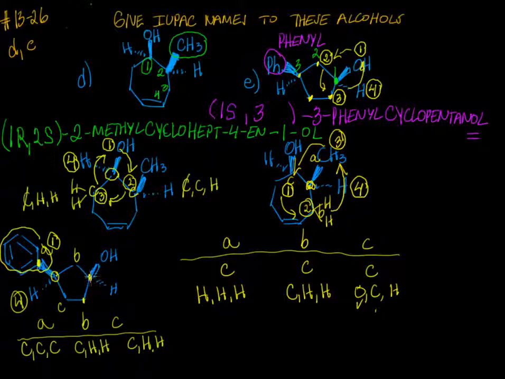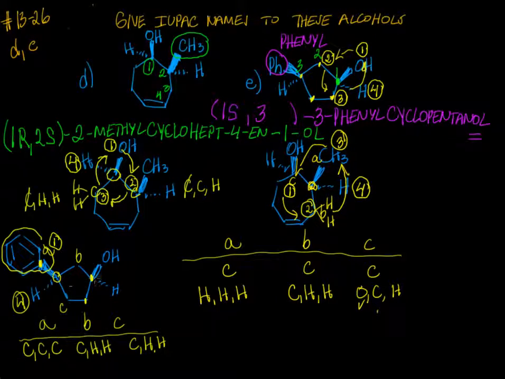So this carbon is bonded to oxygen, carbon, and hydrogen, and to this carbon, we just have a CH2 again. So we can see how oxygen, since it's higher in atomic mass, outweighs the carbon. So chain B, which is up here, has priority 2.